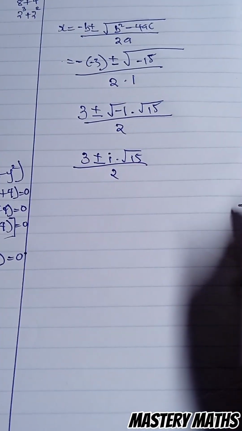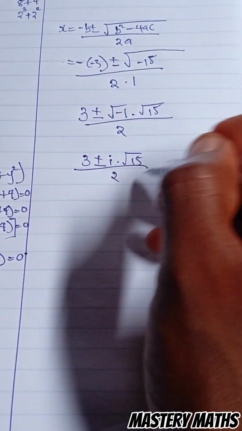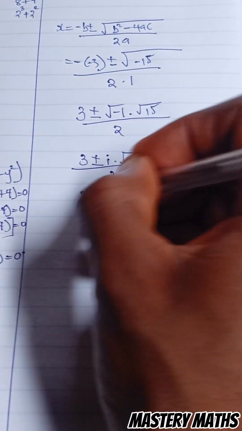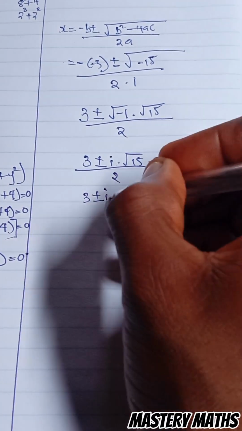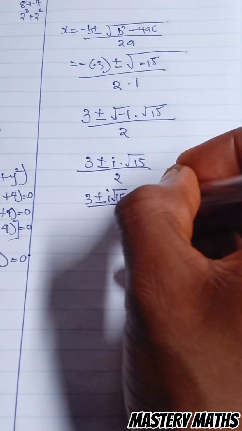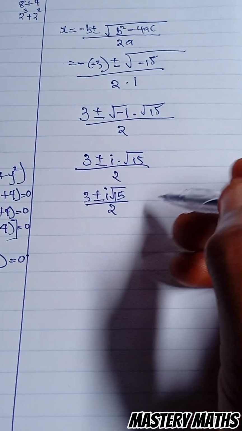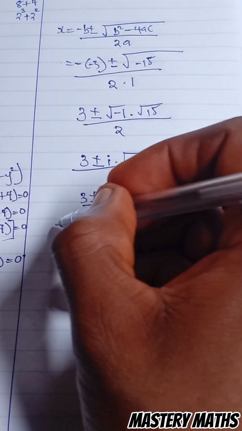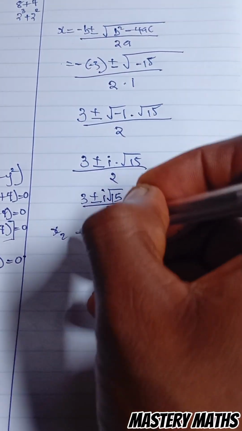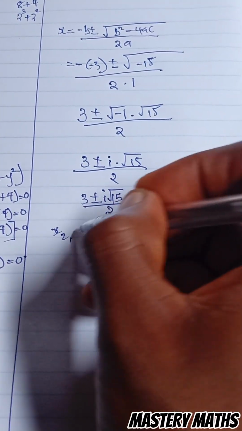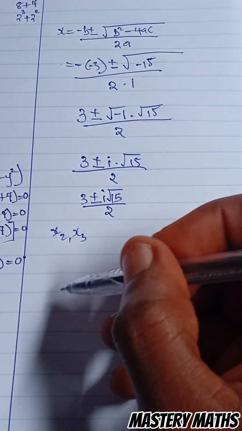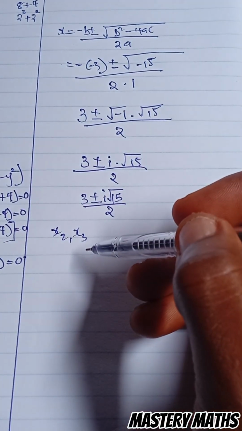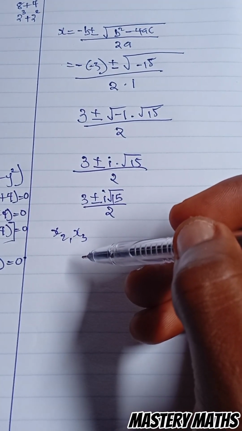So what happened next? We'll say 3 plus minus i root 15 over 2. This cannot be simplified further. So what we need to do right now is split it into our x2 and x3, because the first one we got, which is k equal to minus 2, was our x1.